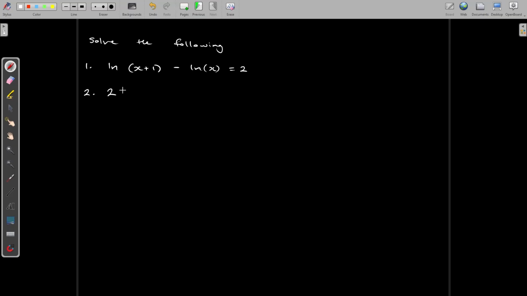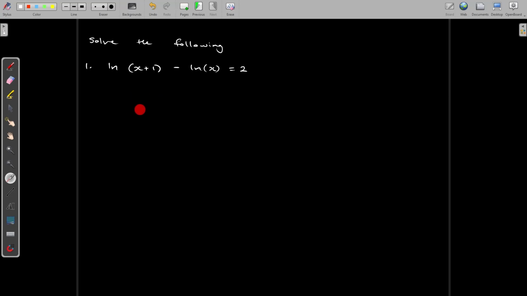No, sir. Please explain. Alright, so for this one, what you're going to be doing is, so we have ln here, subtraction. So we're going to combine this as a fraction. So it's ln (x plus 1) over x is equal to 2. So now, to get rid of this ln on this side, we'd have to take it to e.